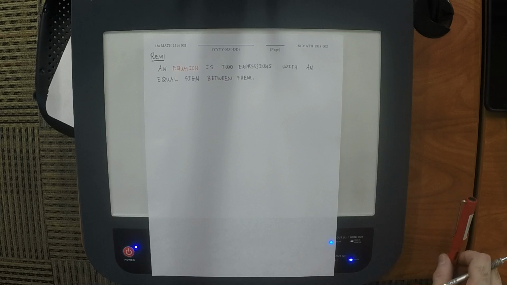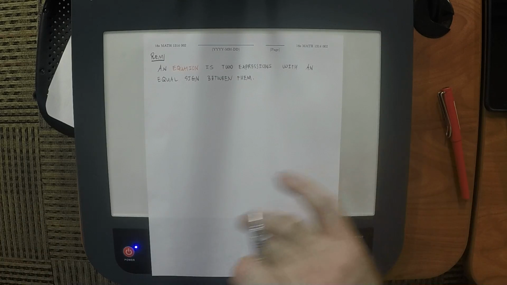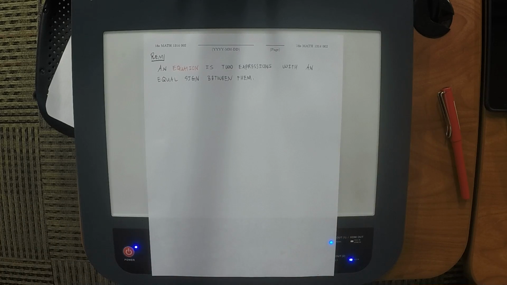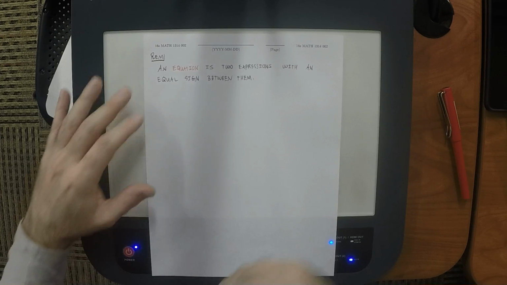Some equations have variables in them, like x's and w's and things like that. But you could plug things in, like if there were some x's, you could say, I want you to plug in x is 7, and you could plug in 7s to all the things.